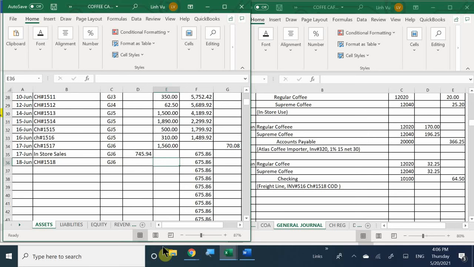And we're going to credit 64.50. Good. And we're down to 611.36. Okay, so good. We're still in the positives.